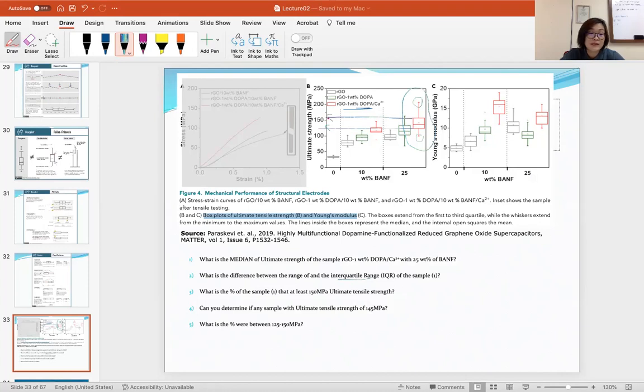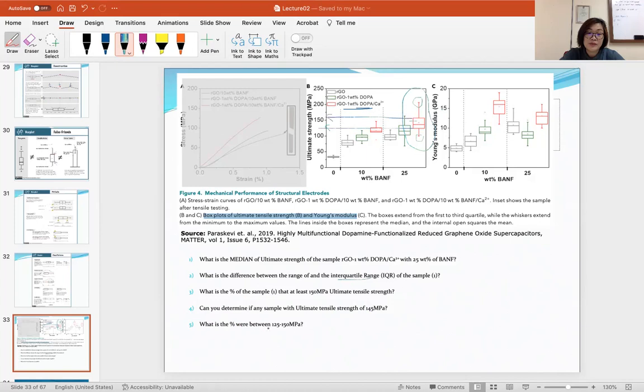So I will say in this part, this is the upper limit. So the upper limit is about 25%. Can you determine if any sample has an ultimate strength of 145? Is there any sample here? No, I can't. Right, I can't.